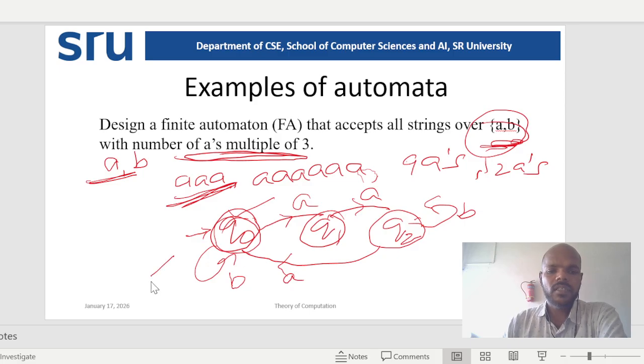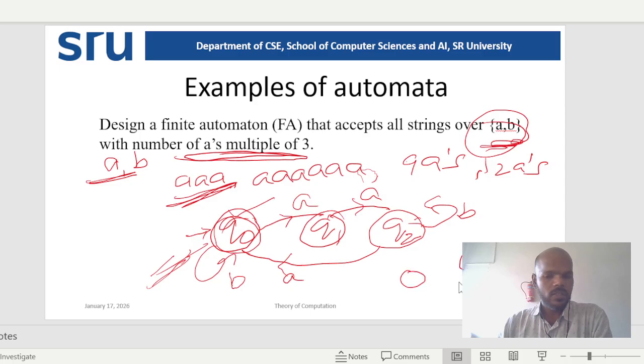So that means this is the automata which can accept A's in multiples of 3, or else we can do some more, one more automata like this. Take this one state, one more state, and one more state. Take the starting state and final state, make the transitions like this, A and A. It is similar but slightly different.